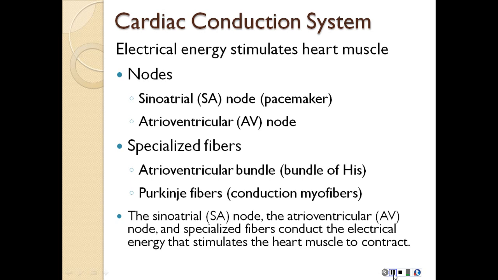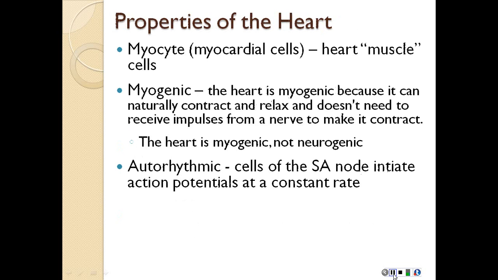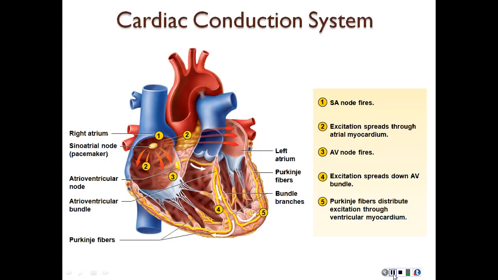These two nodes are going to fire, sending electrical signals that stimulate other parts of the heart, as we'll see. And then you have the AV bundle branches and Purkinje fibers. Let's look at a picture. I think it's always better to look at a picture of the heart as we go through this.